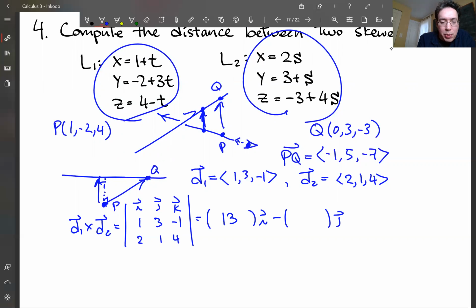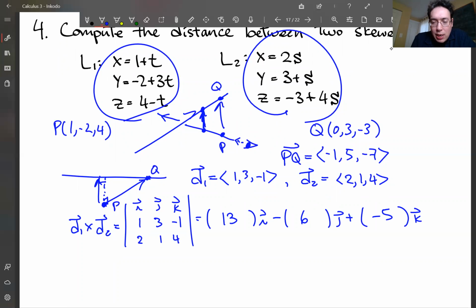To get the j component, I do 1 times 4 minus 2 times -1, so 4 plus 2, that's 6, and then I have to put a negative sign in front. And then to get the k component, I do 1 times 1 minus 2 times 3, so 1 minus 6 is -5.